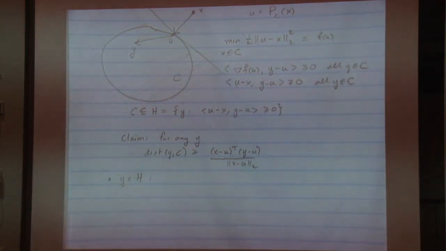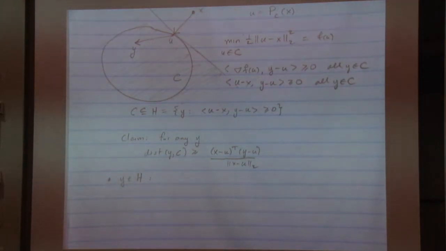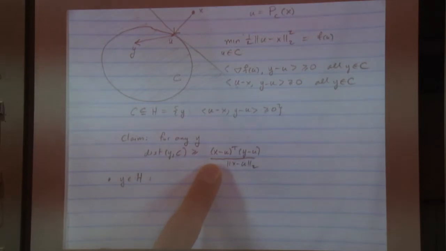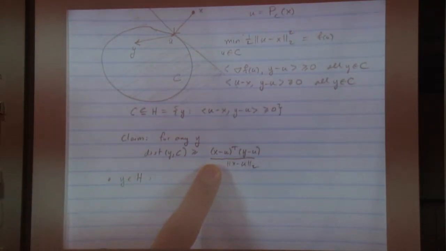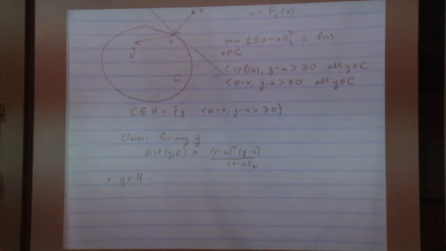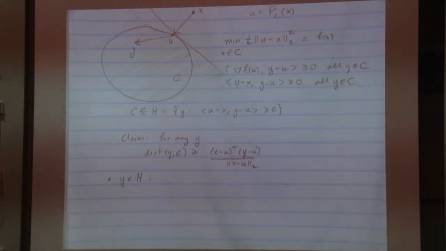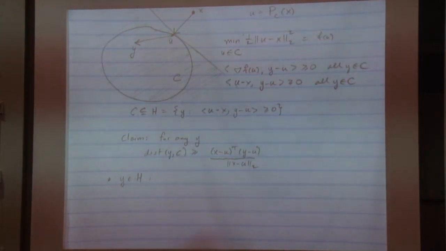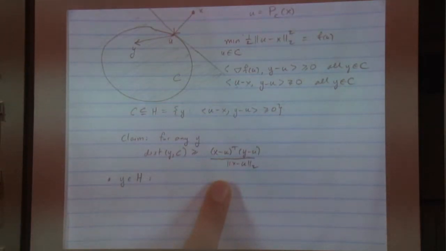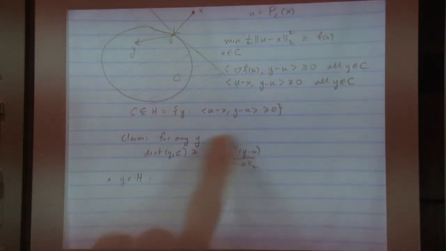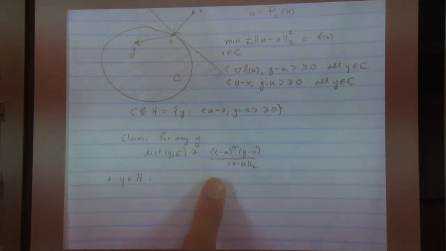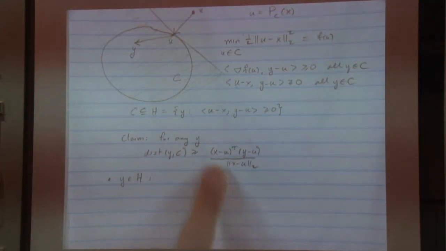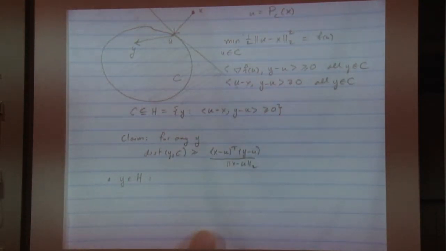So why is that true when y is in the half space? Take a look at this quantity here, the distance between y and C. If y is in the half space, what do we know about this quantity? By the way, we define the half space. Look, this is x minus u, and that's u minus x.